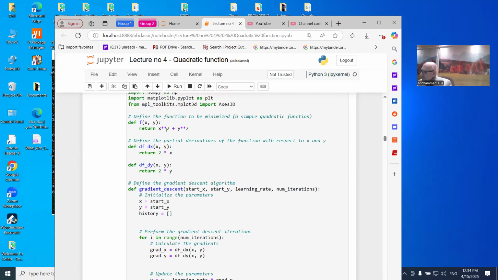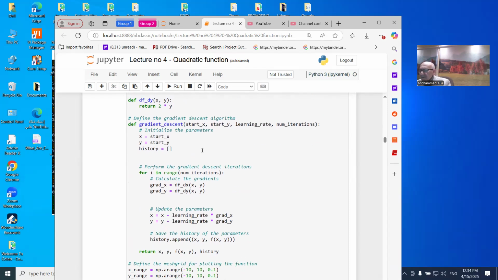Because it is of two variables, we need to find the partial derivatives: df by dx, which means 2x, 2 multiplied by x. This is the derivative by x. We consider y as a constant. And the second step, we find the derivative by y, which is 2y, considering x constant. So we have two derivatives, dfx and dfy.